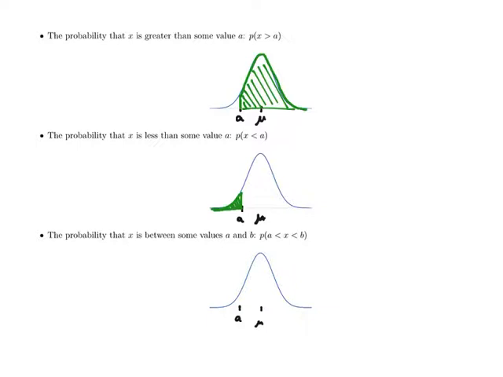Note that these are related. We could say that the probability that x is greater than a is going to be 1 minus the probability that x is less than a. This is our complement rule.